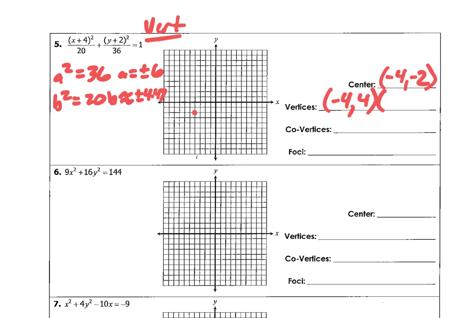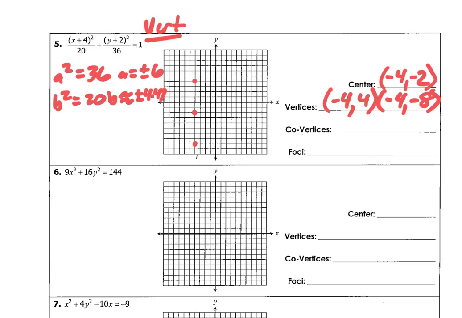And then negative 2 minus 6 will be negative 4, negative 8. If you plot those two vertices, you're just going to go up 6 and down 6. Make sure you do it vertically, though, since it's longer vertically.